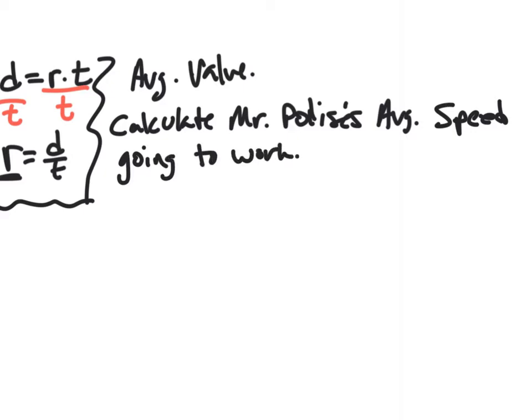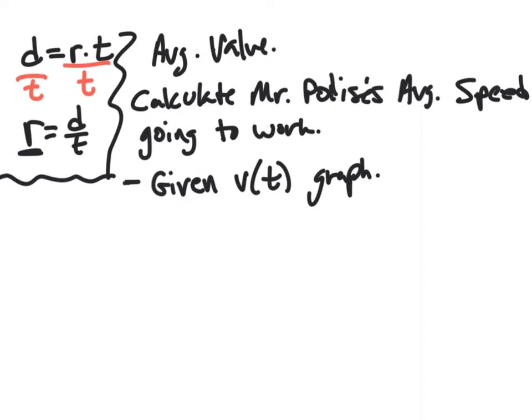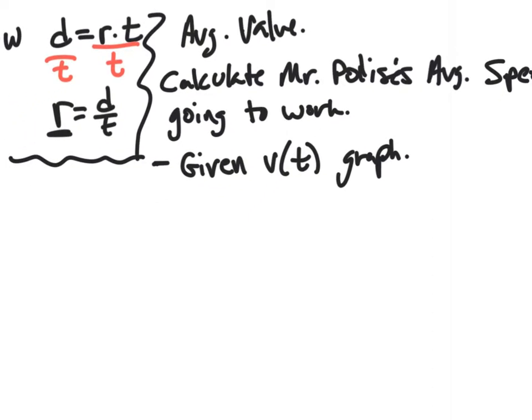Okay, but the difference is that if we are given the velocity graph, then we have to do things a little bit differently. But we do need to keep in mind this thing here, that the rate at which we travel is the total distance divided by the total time.